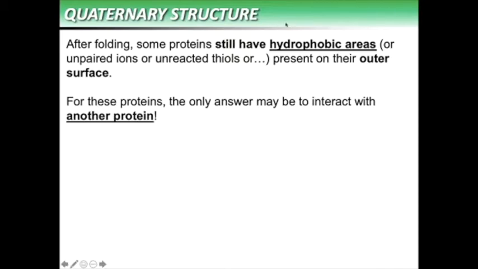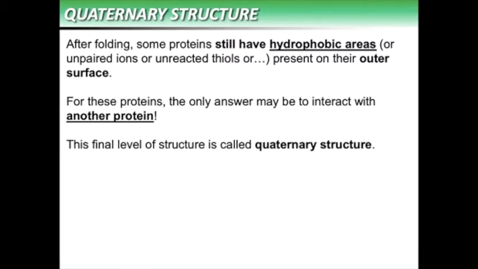Or if you're talking about unpaired ions, it might just simply be that they would very much attract another protein that had the opposite charge, or that had another cysteine to react with an unreacted thiol. When this happens, when I take those same attractions, although, like I'm saying, mostly the ones that aren't polar interactions tend to be involved in this, when I take those interactions and use them to put several different protein chains together, what I've got is what we call quaternary structure.